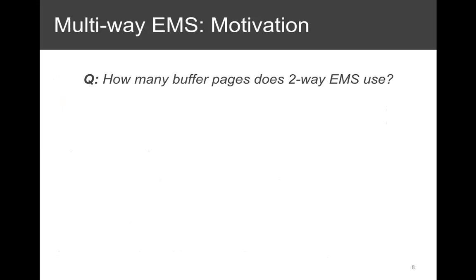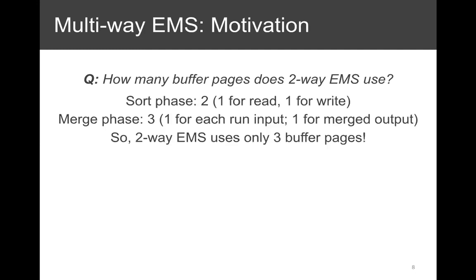Now, the motivation for the multi-way external merge sort arises from an observation about the amount of buffer memory needed for the two-way EMS. Okay, so how many buffer pages does it actually use to execute its sort phase and to execute its merge phase? Think about that a little bit. Well, for the sort phase, you only need 2 buffer pages, buffer frames. 1 frame to read in a page from the file, 1 frame to write the output of the sorted page.